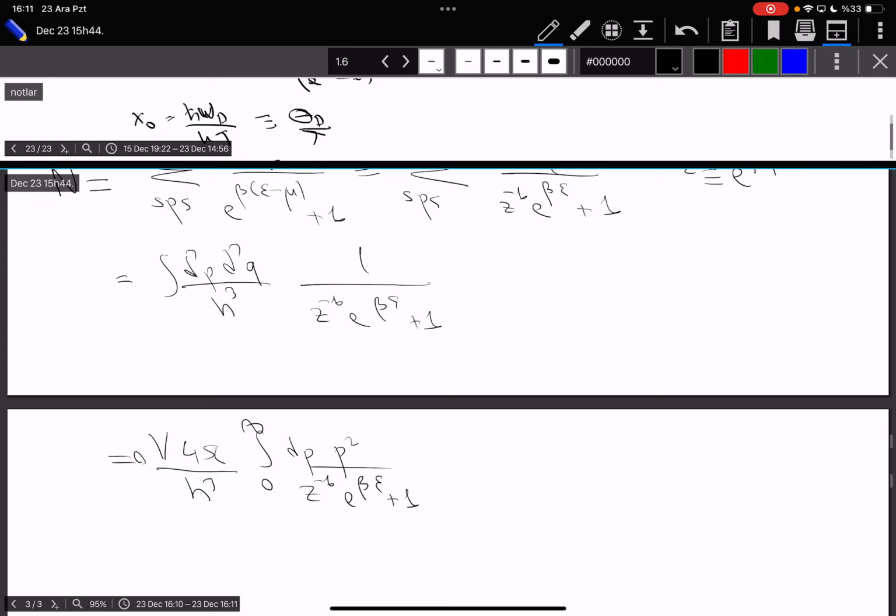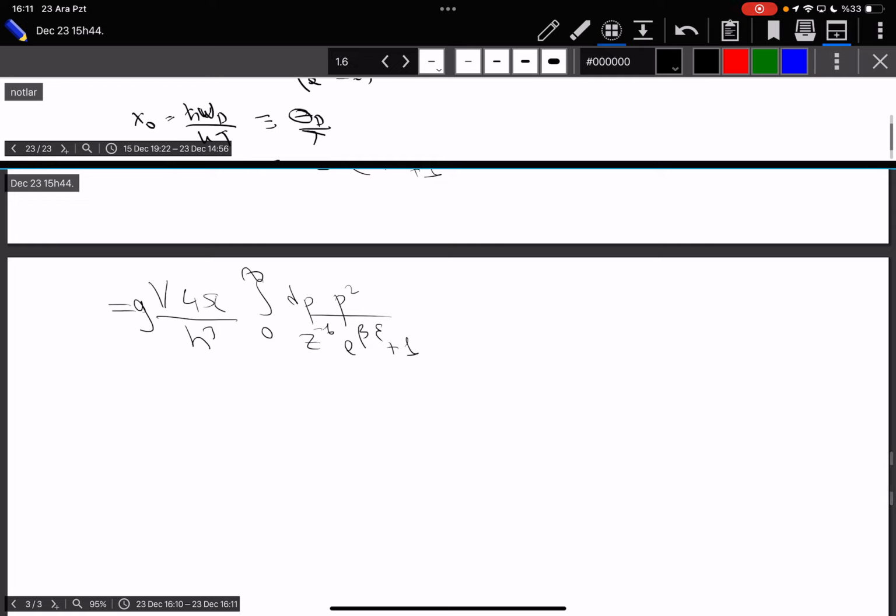Then let me also add the g. G is the degeneracy for a given momentum. For example, if you are looking at an electron gas, the electrons for a given momentum and coordinate, they can be spin up or spin down. So there are two states for a given single particle state. So that is what g is.